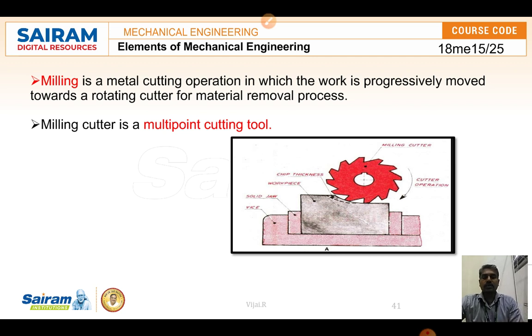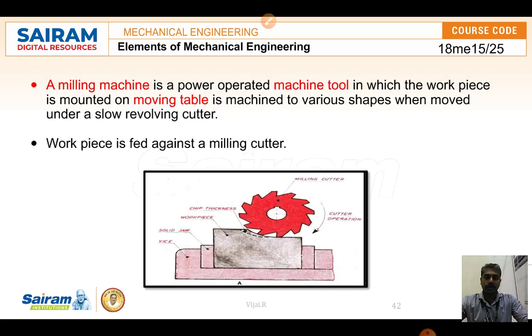But for that the workpiece should be clamped very rigidly, so that when the workpiece is moving relative to the rotating cutter, it can have contact with the surface and remove the material. That is what we call a multi-point cutting tool being rotated, and the machine tool used is called a milling machine.